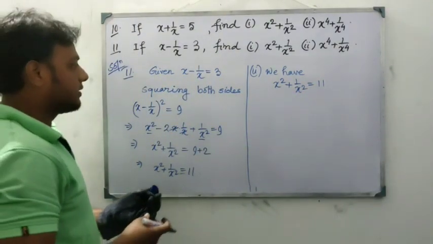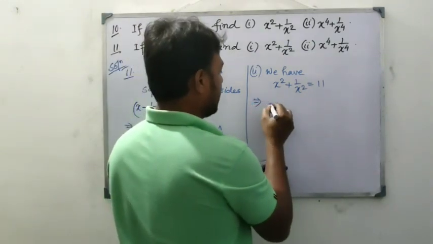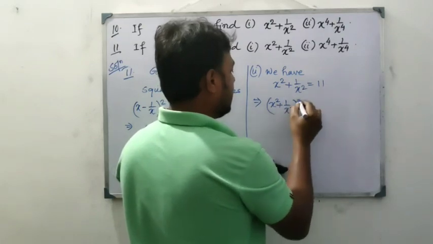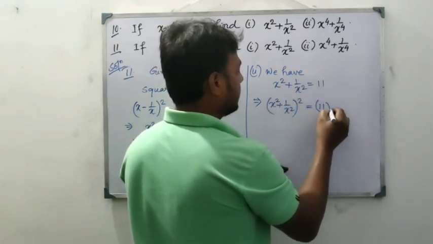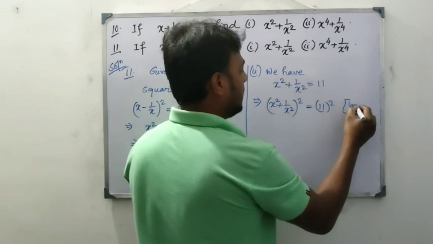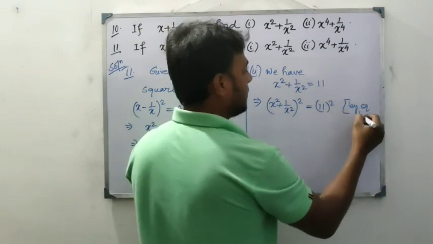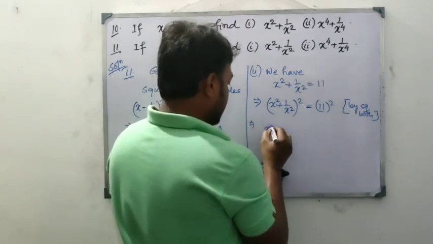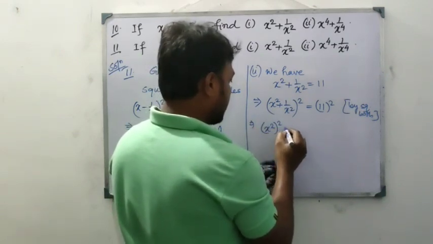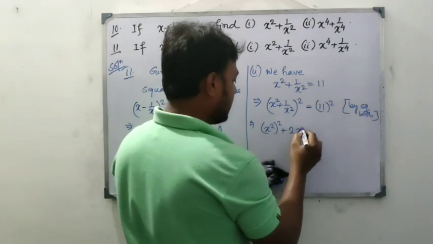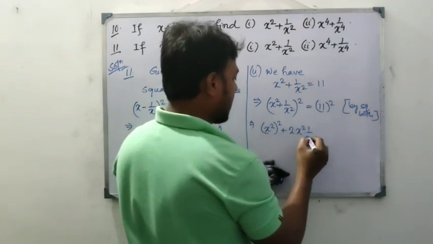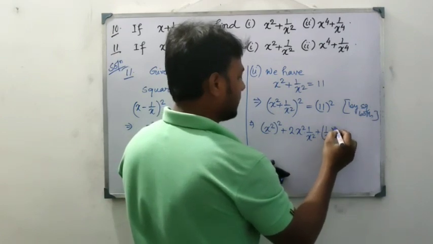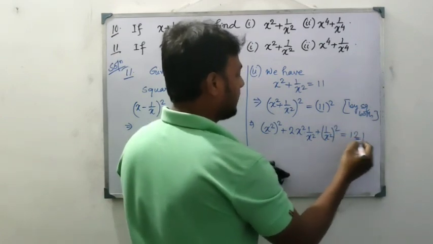Again squaring both sides, x square plus 1 by x square whole square equals 11 square. Squaring both sides, it will be x square whole square plus 2ab plus b square equals 11 square, which means 121.